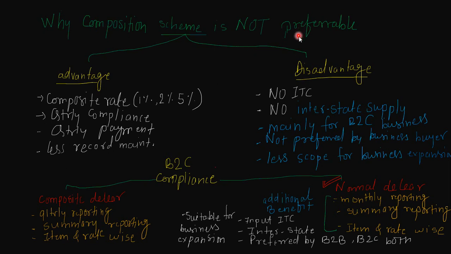For the short term, if you have a very small business and you don't have the manpower or sufficient strength to carry on the compliance work, then you can go for the composition scheme. Else it is not preferable at all for B2B or B2C transactions to have a composition dealer registration.